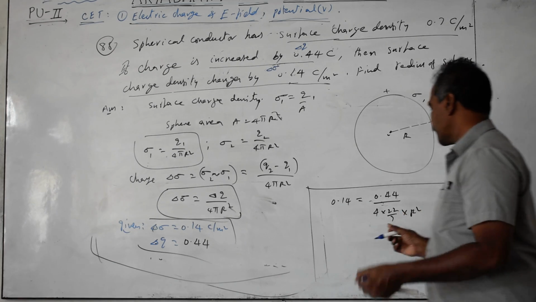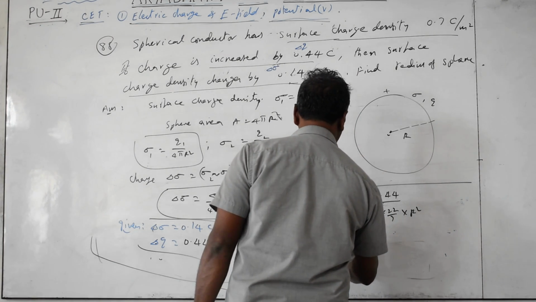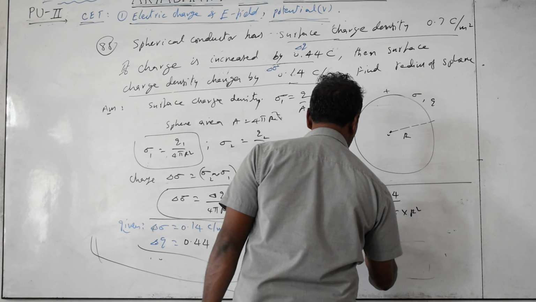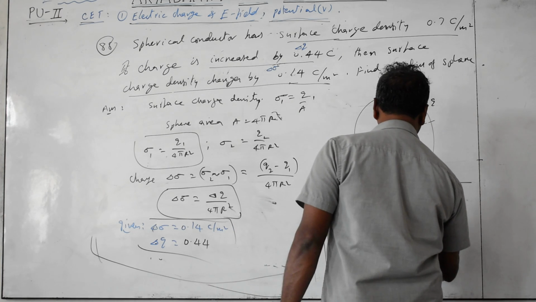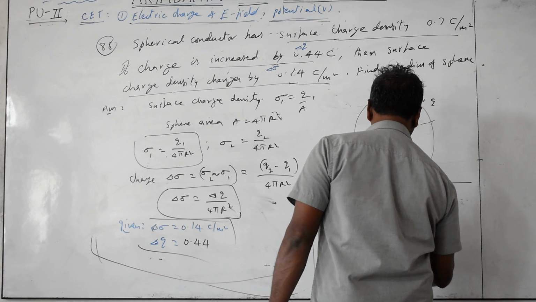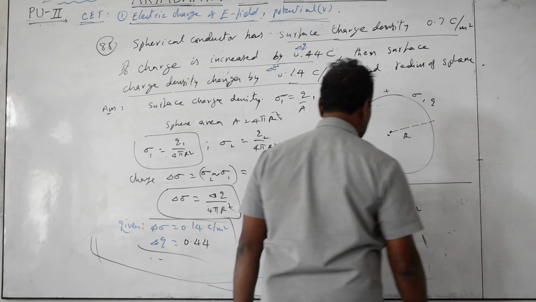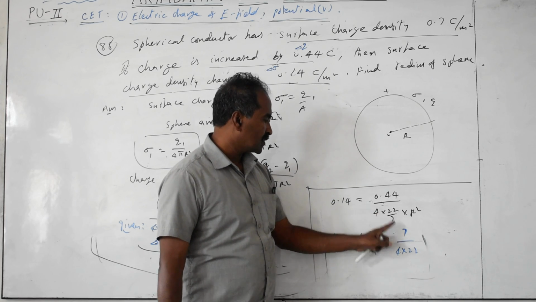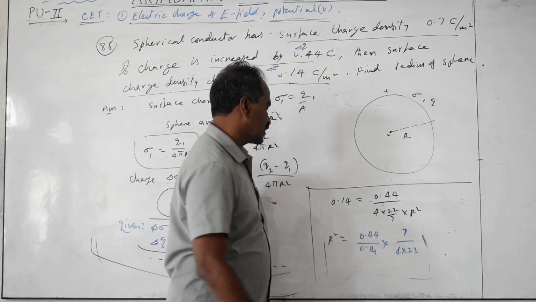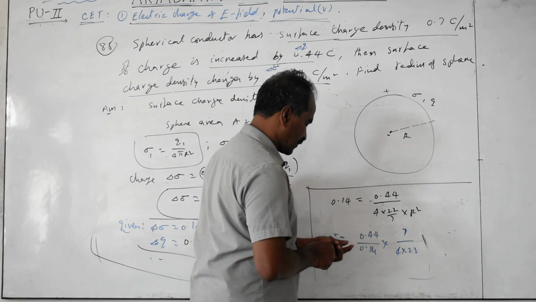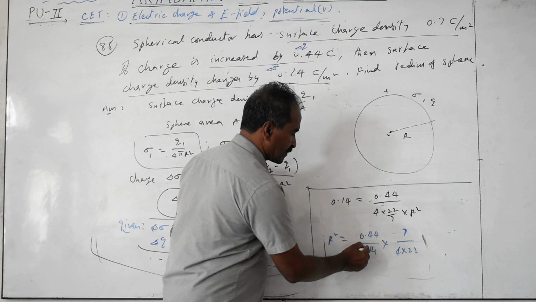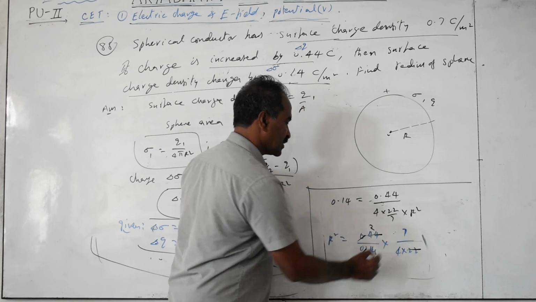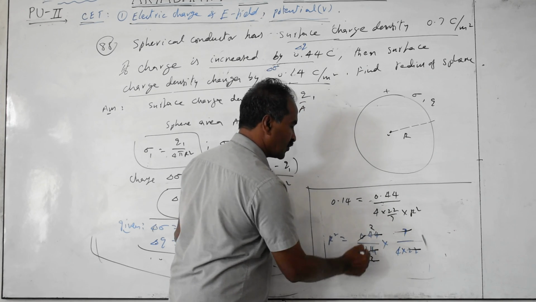Therefore r square is equal to 0.44 by 0.14 into 1 by 4 into 7 by 22, with the 7 going to the numerator. 22 twos are 44, 7 twos are 14, the 2 cancels.